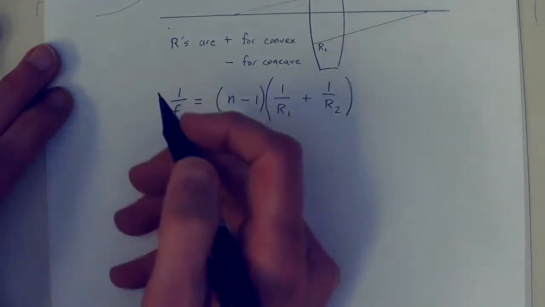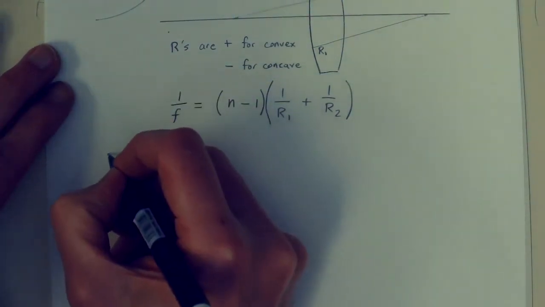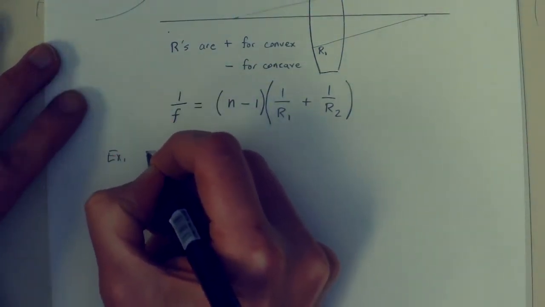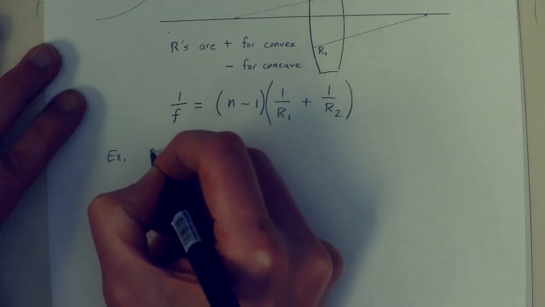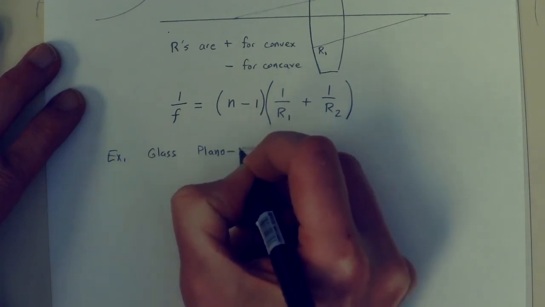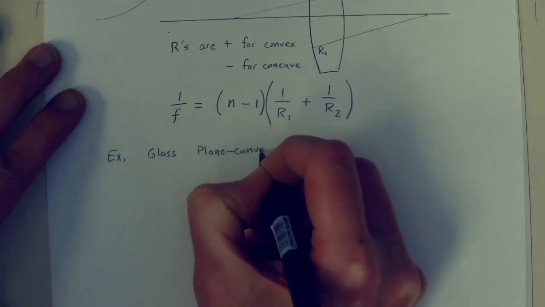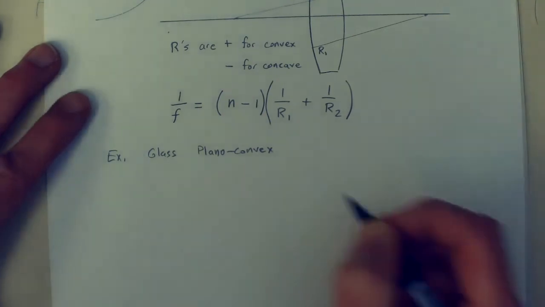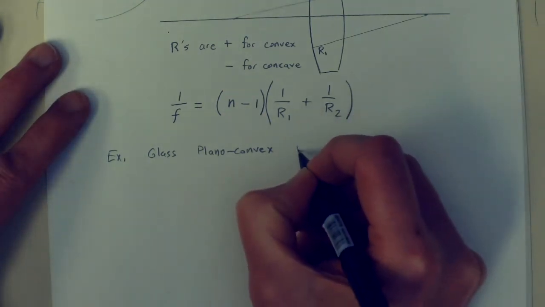So let's say you have a glass lens, and it is going to be plano convex. So it's got radii.